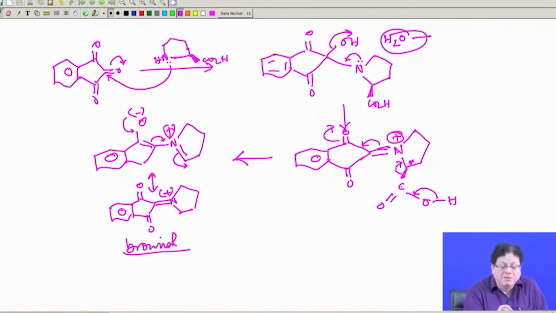Earlier, the primary amine replaces the carbonyl with NH2 and that reacts with another ninhydrin, but in this case only one ninhydrin is associated with the pyrrolidinium ion, and this pyrrolidinium ion is coming from the decarboxylation of the proline ring. So, this is brownish yellow.